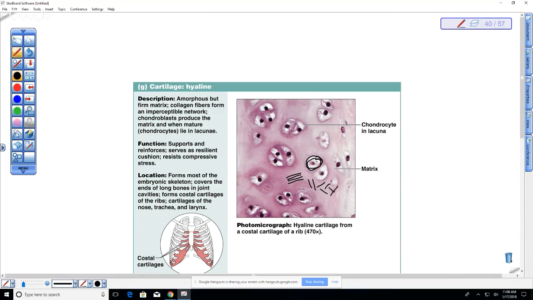That space is called a lacuna, or a little cave. These are the costal cartilages that connect the ribs to the sternum. A little bit more flexible than if your entire rib cage was just composed of bone.